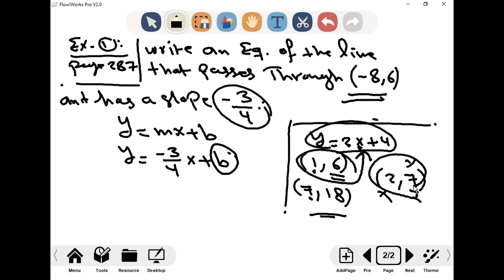If the point is on the line, what does this mean? Who knows, guys? If you know, raise your hand. Who knows what it means if I put the point on the line?